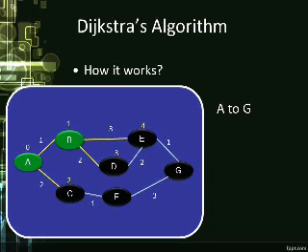Then again, all nodes in the cluster will check against the neighbors that are not in the cluster. For example, B will check against E and D, and A will check against C again. And then it will grab the minimum value and put it into the cluster. Keep doing it and it will know which path to take to reach the destination.